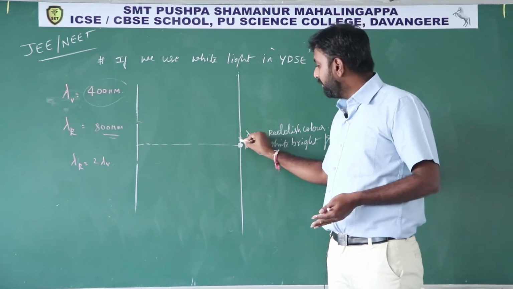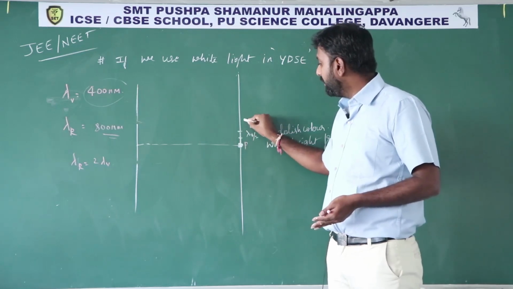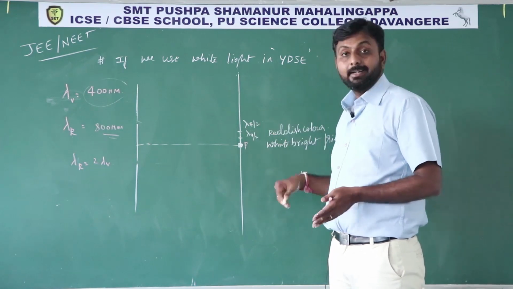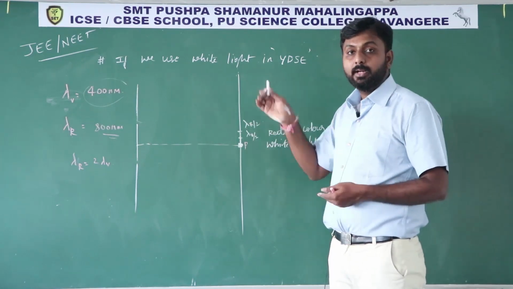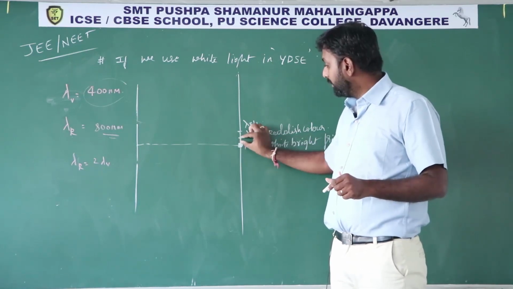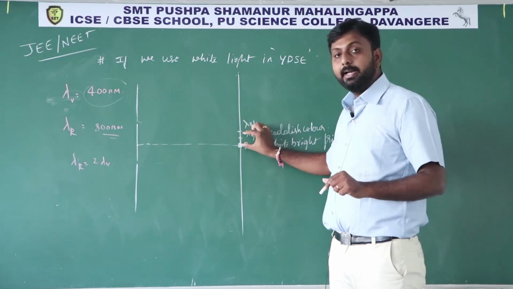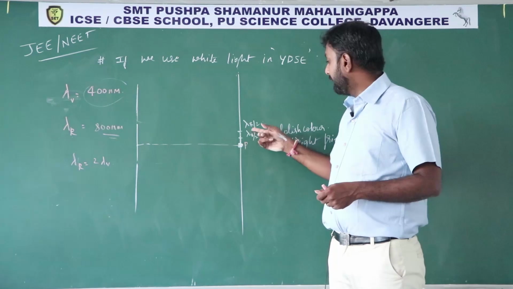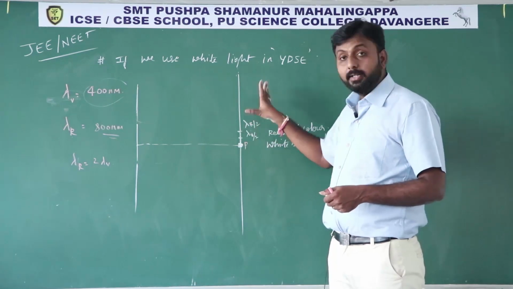After this point, if you go above, somewhere you will get the point where the path difference for red light, whose wavelength is more, is lambda by 2. So first you get the path difference lambda by 2 distance for violet, next you get that distance for red color.